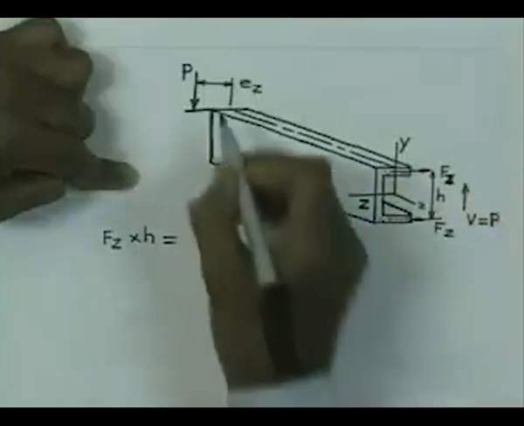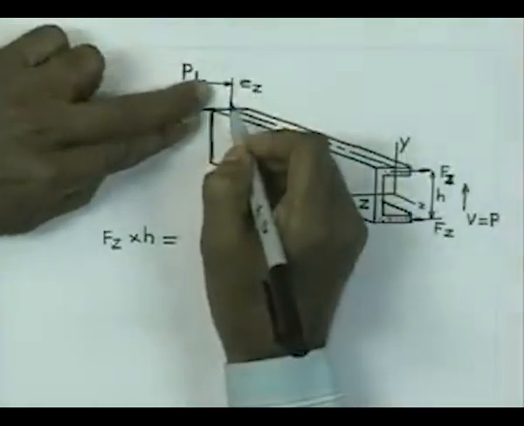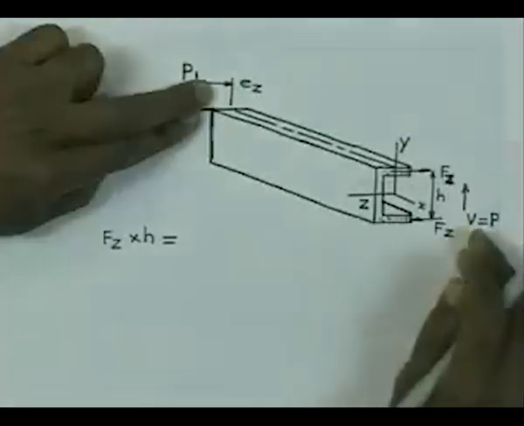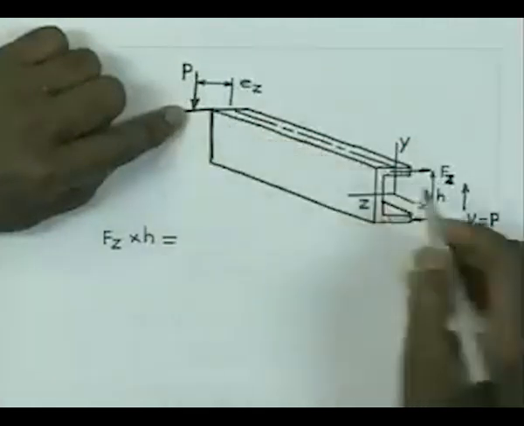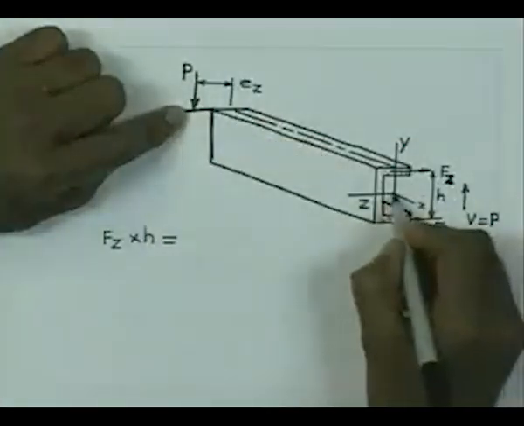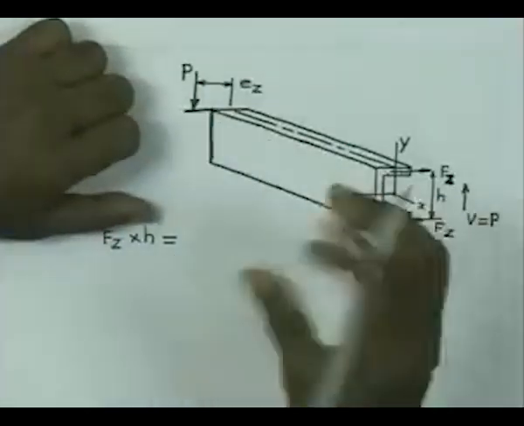Now, if I consider that the load is acting at this point, then I will not have any moment produced by this force P. On the other hand, if I shift it here, it will produce a moment about this plane which is going to be P into Ez. So, that can keep a balance.